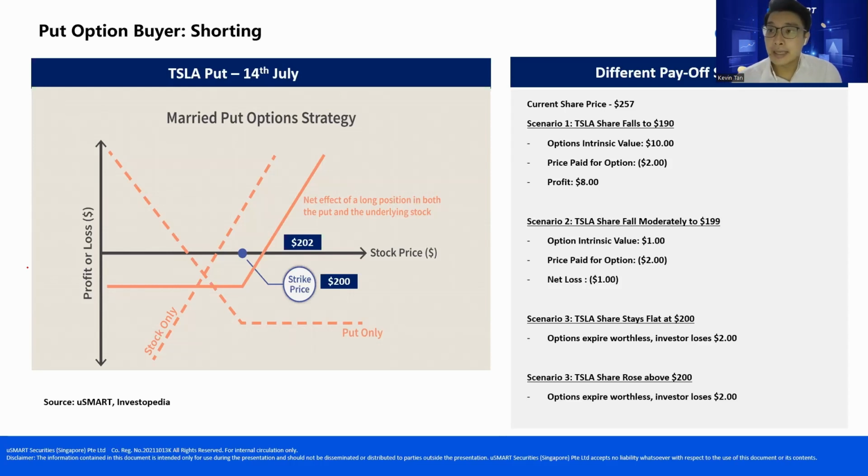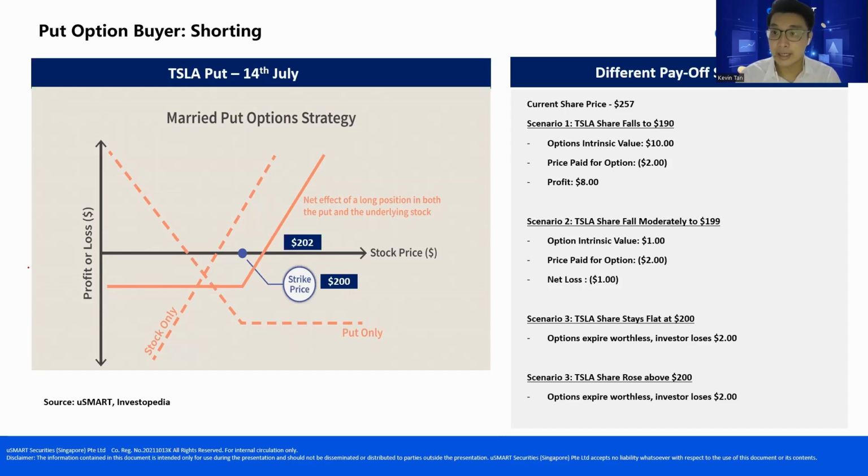So there is an intrinsic value of $10 in the option, because while the share price is $190, the option gives you the right to sell Tesla shares at $200, which means that there is a value of $10 for your option. And given that you paid $2 for the option, you will realize a profit of $8 from this transaction.